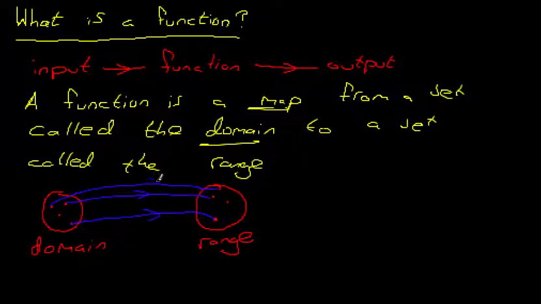We'll just match these up. Maybe this goes here. So nothing hits this one. Two things hit this one. Blue is applying f, and this gets mapped to this, and this gets mapped to this. This is the picture you want to have in your head of a function.